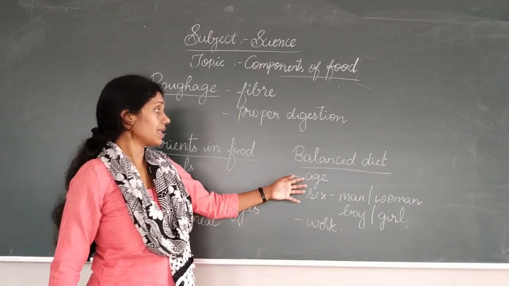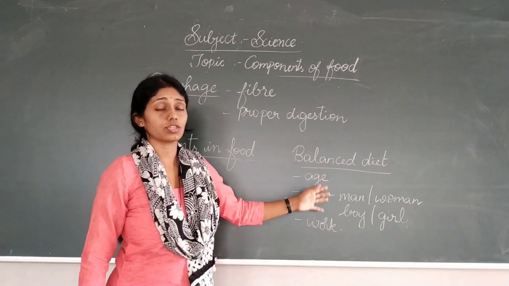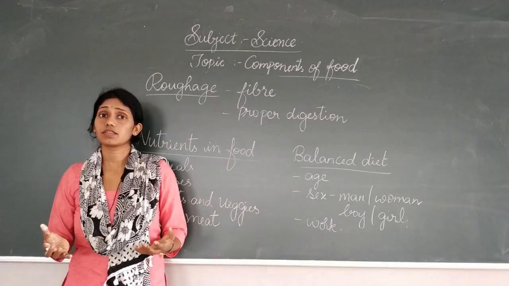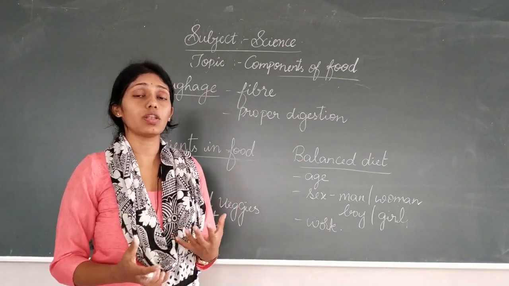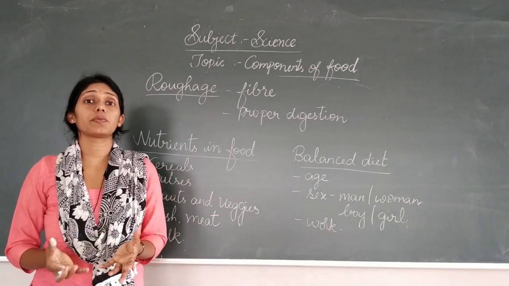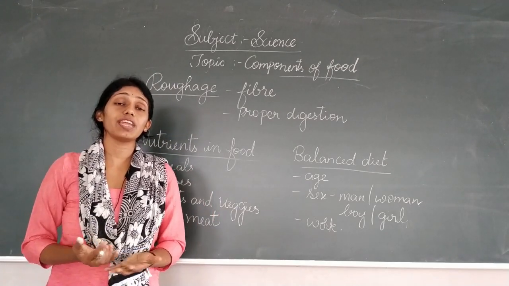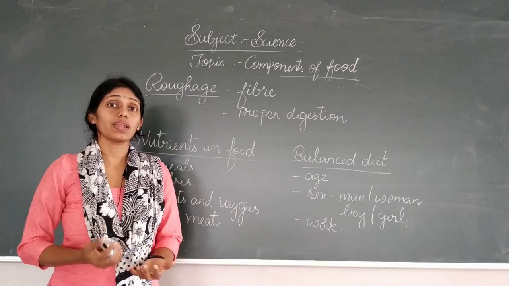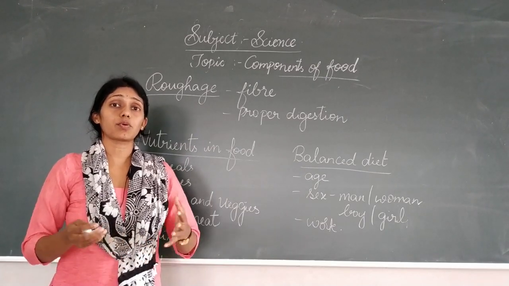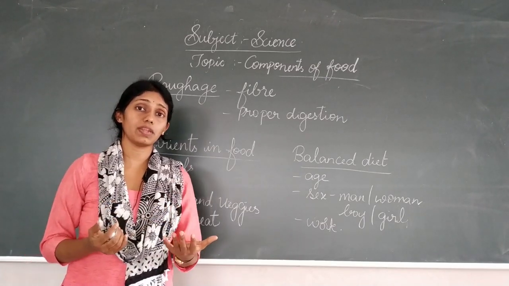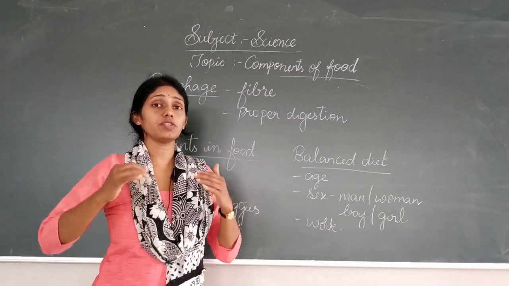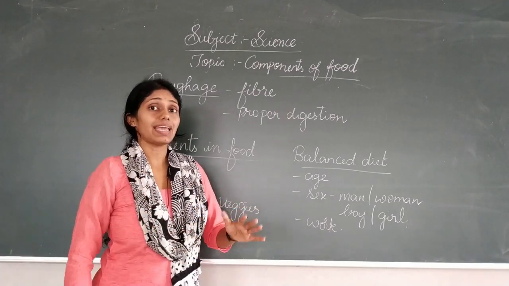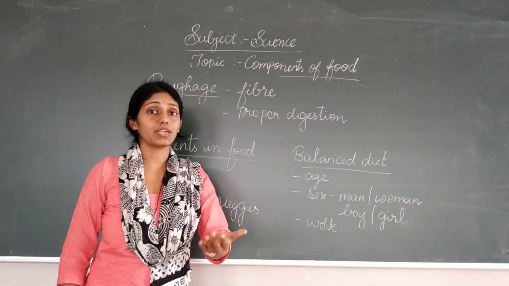For example, the age. Now you are growing up kids, right? You need more and more proteins because all the muscles and bones will be growing up. So you need more protein food. Whereas for me, I need less protein when compared to the growing up kids, right? Because the growth has stopped for me, right? I need less protein compared to you.